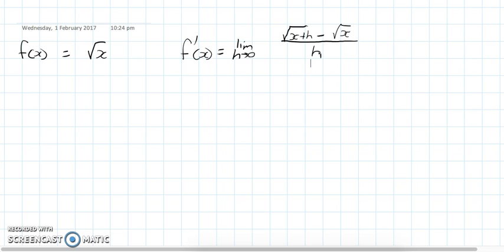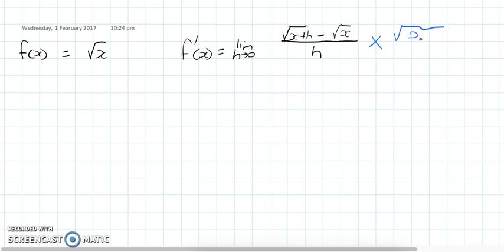Well, it's quite simple. What we're going to do, we're going to multiply the whole thing by the conjugate. Now, the conjugate is going to be just this bit here, but we change the minus sign to a plus sign. So let's multiply the top and the bottom, because whatever we do to the top, we've also got to do to the bottom.